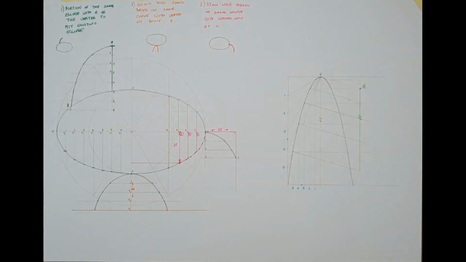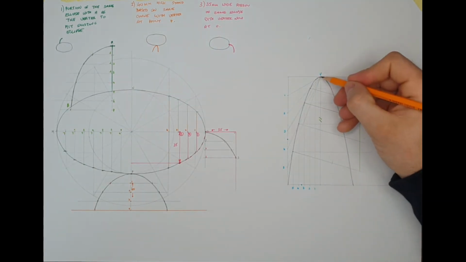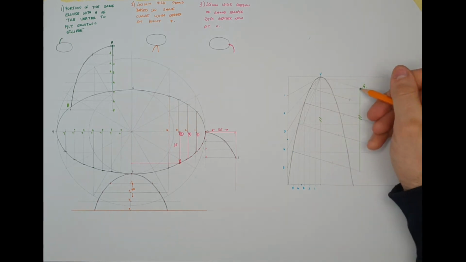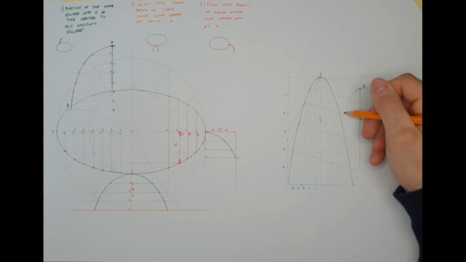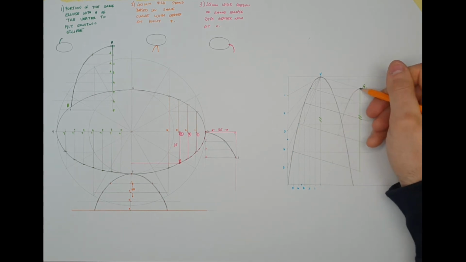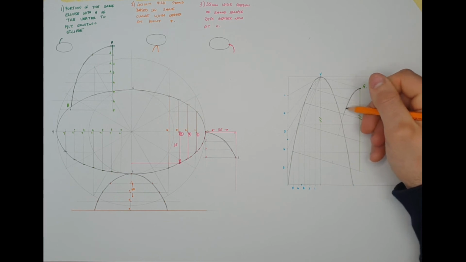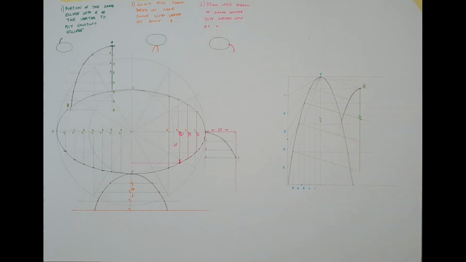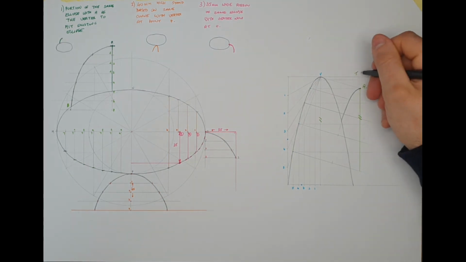So you can translate a curve only if the original axis and the new axis are parallel. And there we are. So that is a translation to solve this question.